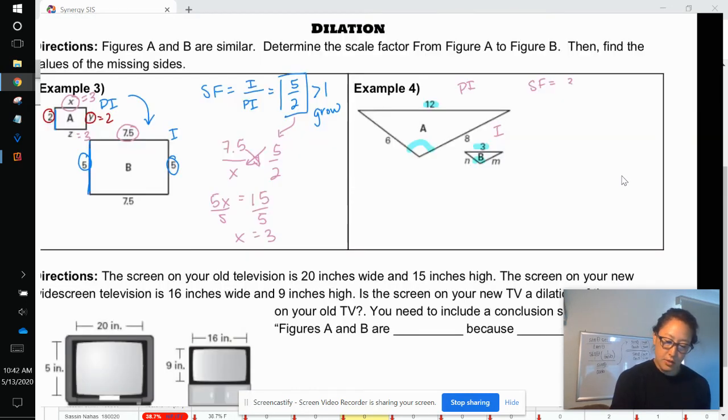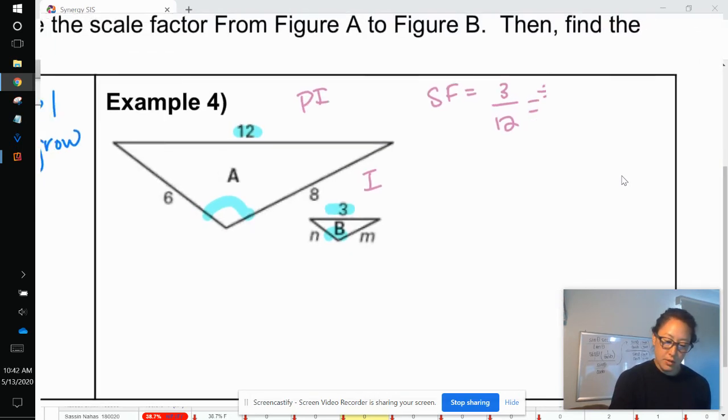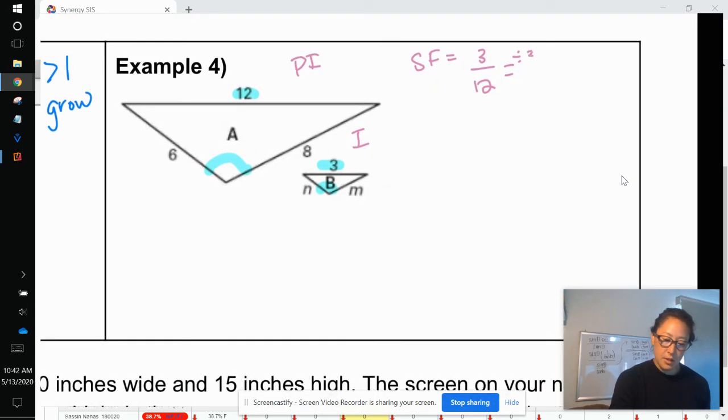So I use 3 over 12, and I reduce by 3, giving me 1 over 4. So my scale factor is 1 over 4, which is less than 1. So are we going to shrink or are we going to grow? We will shrink.